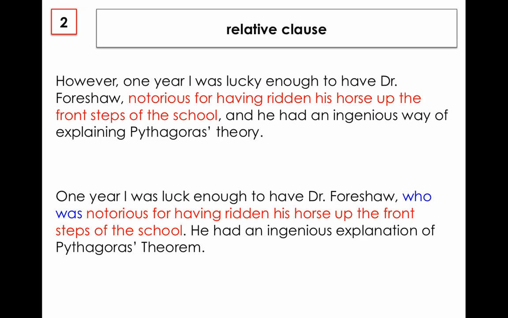Actually, both sentences have a relative clause in them. It's just that the words who was can be taken away, and they have been in the first sentence, so you might not have recognized that this is a relative clause.